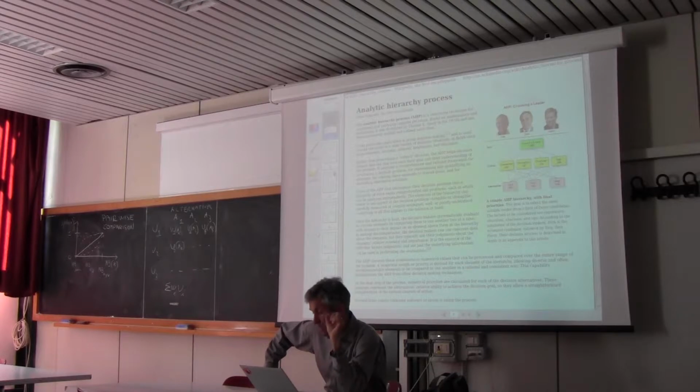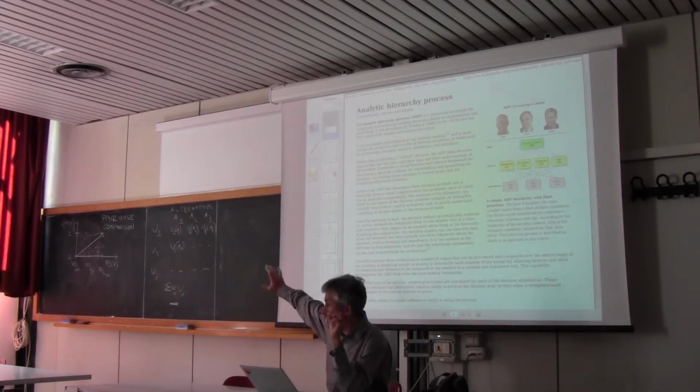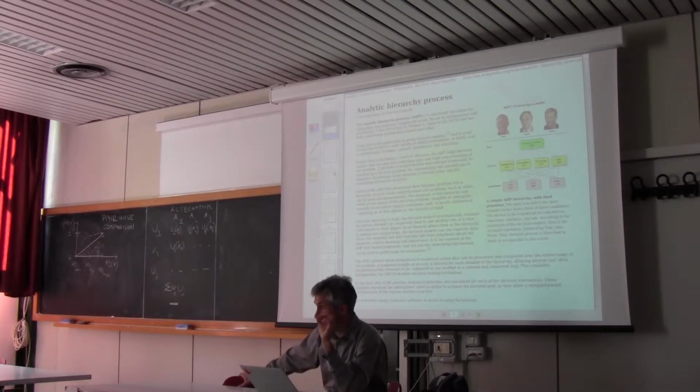And this is an example of application of pairwise comparison, which fits our purpose. Of course, it doesn't refer to water resources management, it refers to the choice of the best leader for a company. But I think it is very useful.